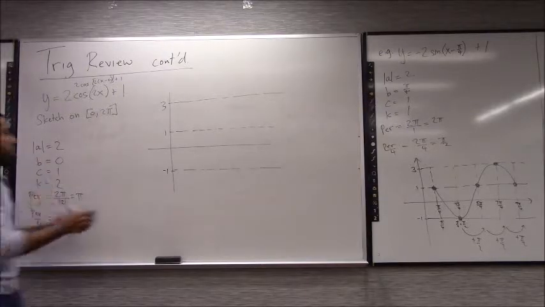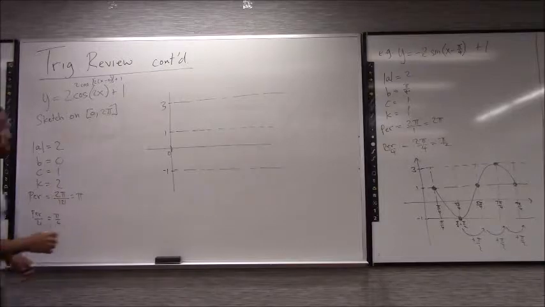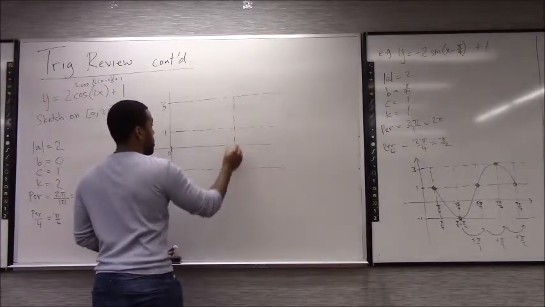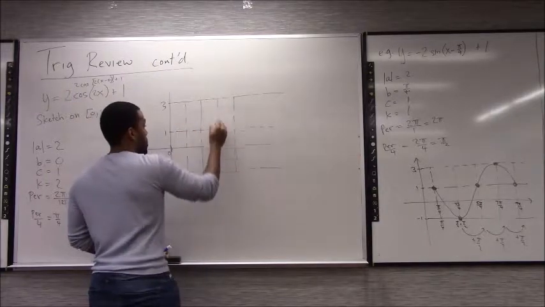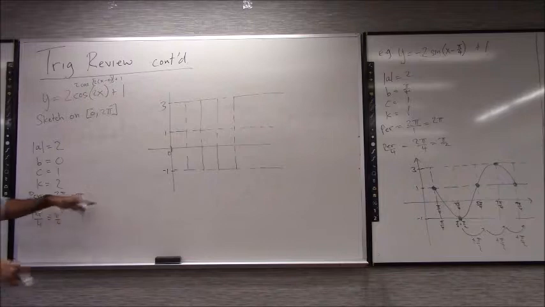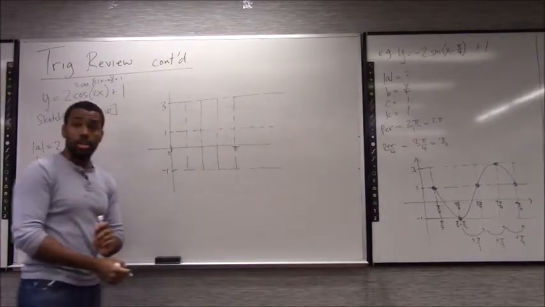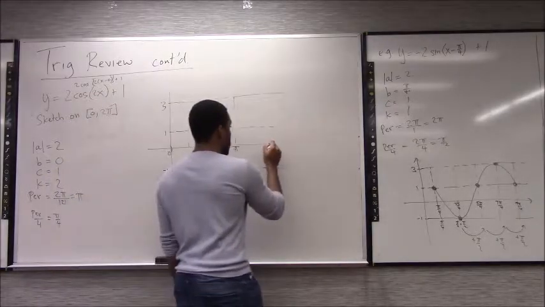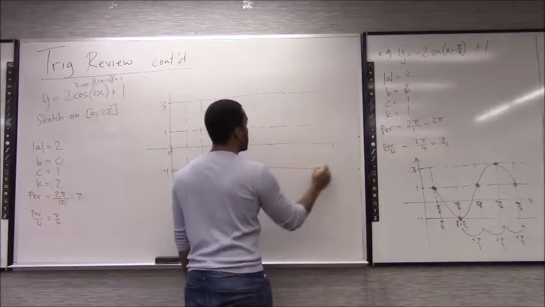Our B starts right here at the 0 mark. So that's nice. But I'm still going to split up my grid. However, I know here that the period is pi. So when I set up this grid of 4 things, this actually only takes me up to pi. Right, so I'm going to extend it even further. So here I'm going to have 2 of these grids.